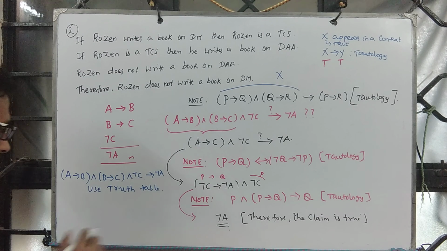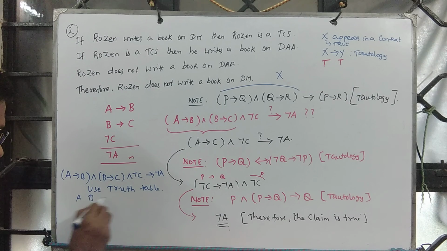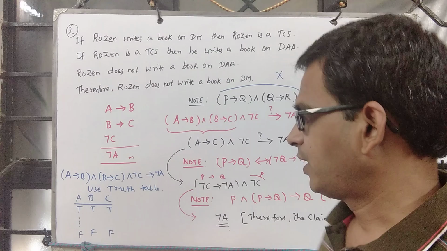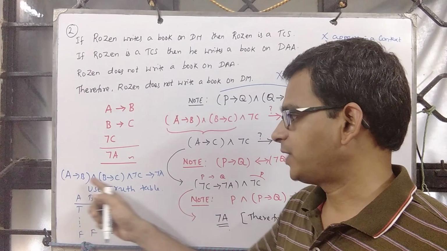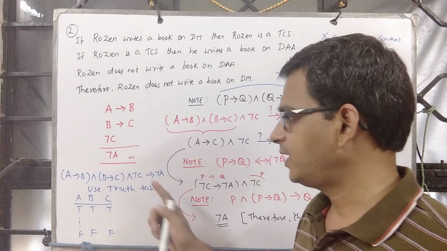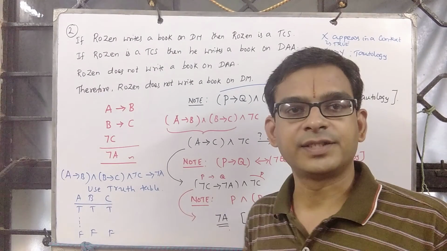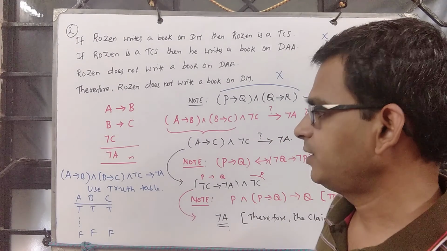But the problem is it will be a bit lengthy because there are 3 variables. So you have to look at all possible values for the variables A, B, C. With respect to each of them, you need to calculate A implies B, B implies C and negation C. Check whether that implies negation A is a tautology or not. It's correct, it will work fine.